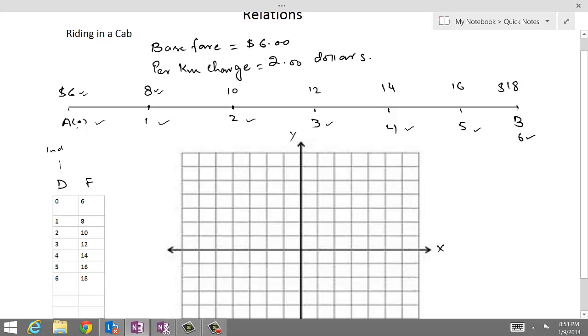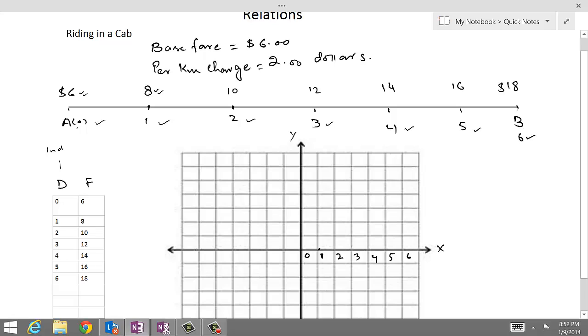Now we can start plotting distance along the x-axis. So this is 1, this is 2, this is 3, this is 4, this is 5, and this is 6. Of course this is 0 at the origin.